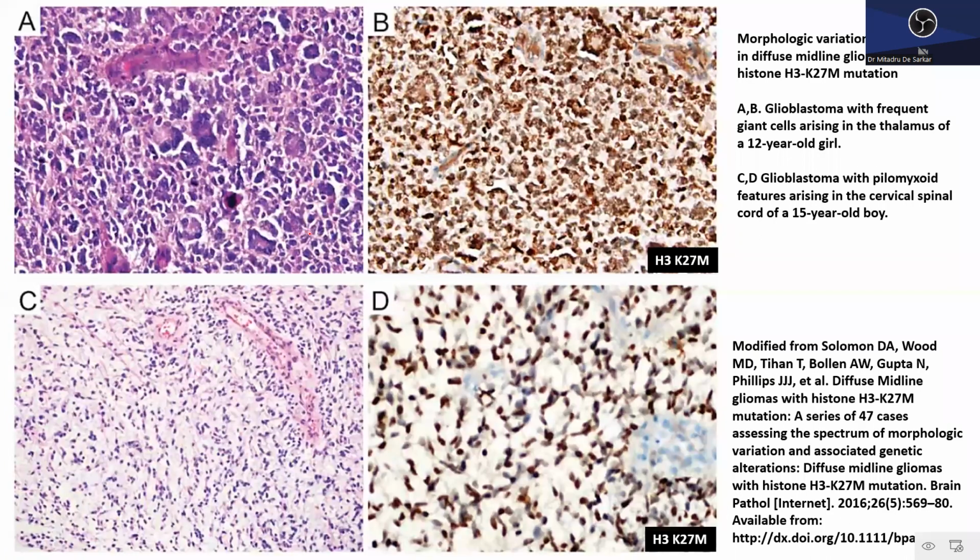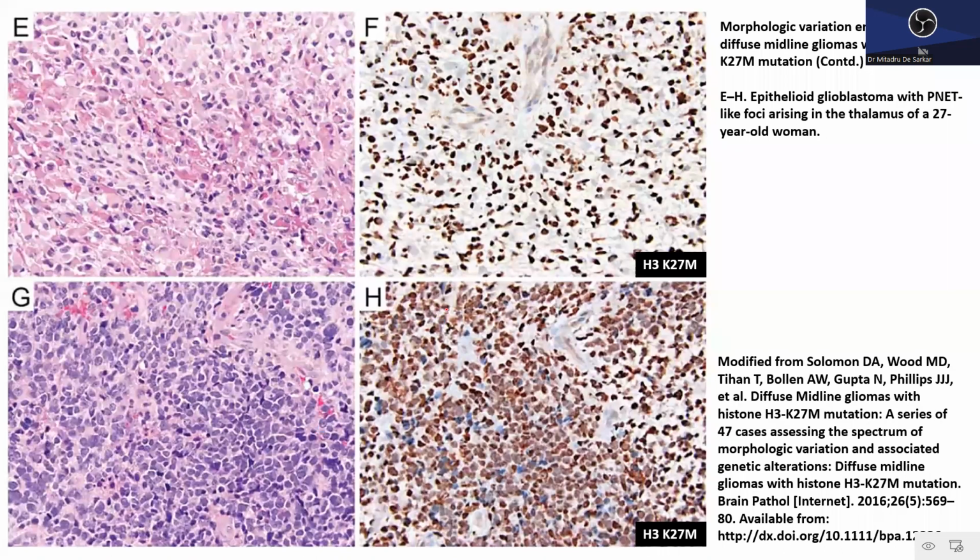This is obviously a higher-grade astrocytic tumor which shows H3K27M mutant histone positivity, so it goes into the diagnostic category of diffuse midline glioma, H3K27M mutated. So you could have variable kinds of morphology. For example, here you have an epithelioid morphology. Over here, you have an appearance which looks like a PNET.